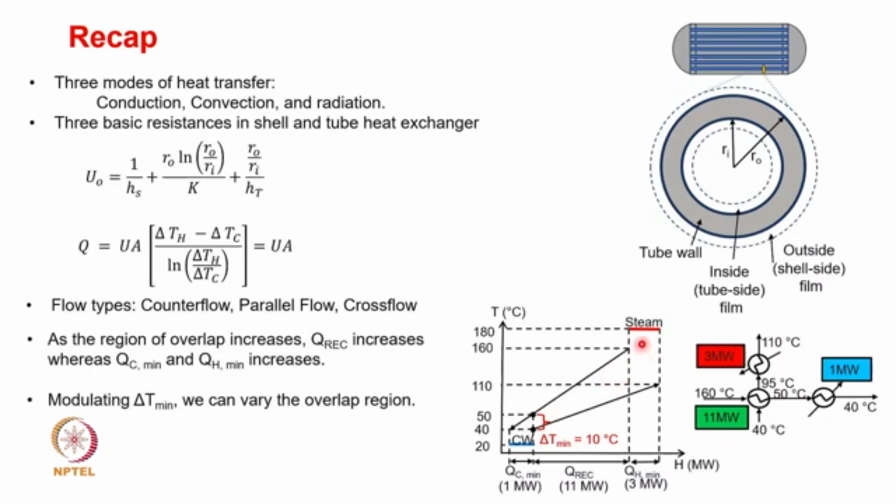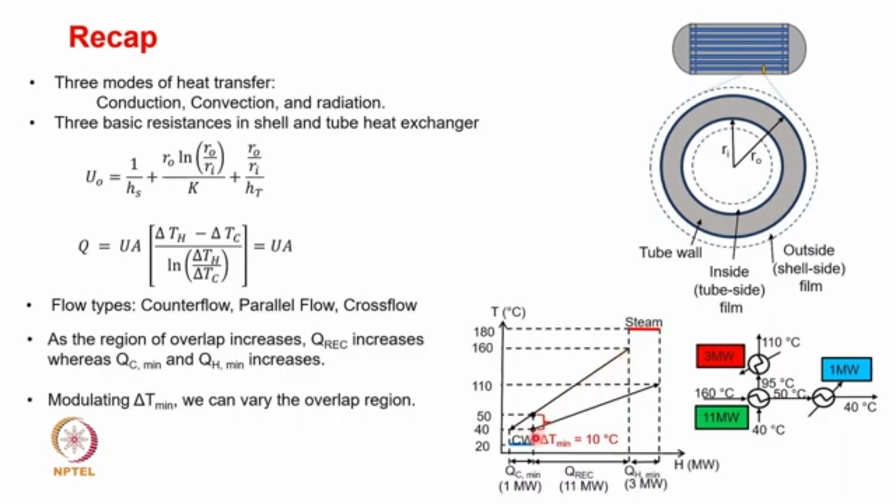On the upper side it has to be supplied by a hot utility, potentially steam, and on the cold side it should be supplied by cooling water, just to further reduce the heat.